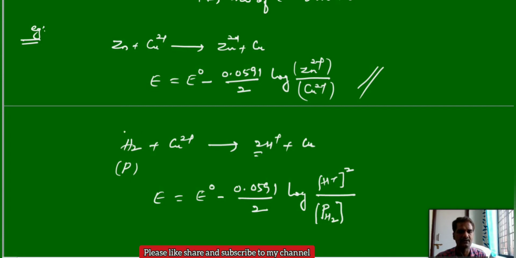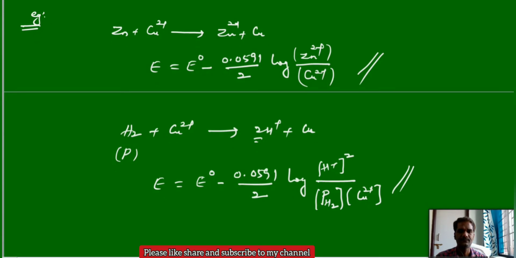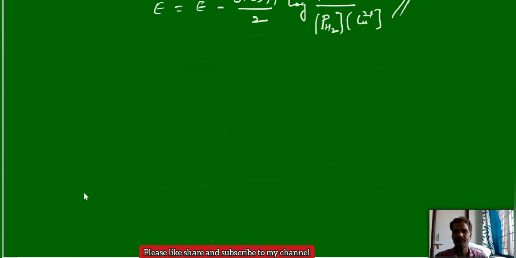In place of hydrogen's concentration it is the partial pressure, and the concentration of copper 2 plus. This is in terms of molarity, and this is the Nernst equation for the case where gaseous reactants are involved. So here are the applications of the Nernst equation.